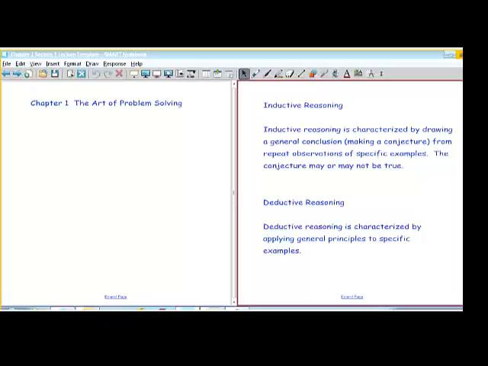So I'm applying a general principle to a specific example. So one goes from specific examples to a general conclusion, inductive reasoning. Going from a general principle to a specific example is deductive reasoning.